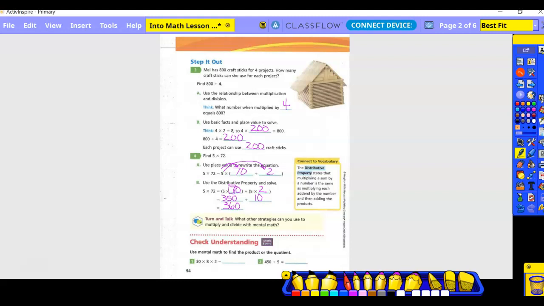Okay? Use mental math to find the product or the quotient. Okay, I know it says mental math, but sometimes even denoting some of your thinking is okay. All right? So, what can I do here? Could I do these two together? So what is 30 times 2? 60.